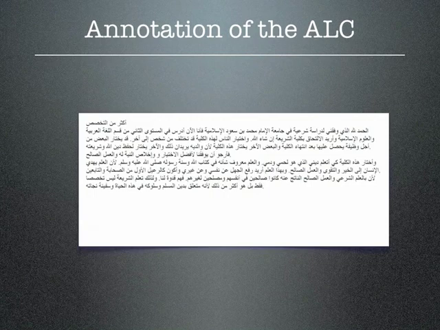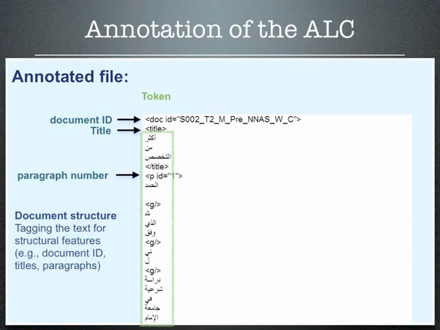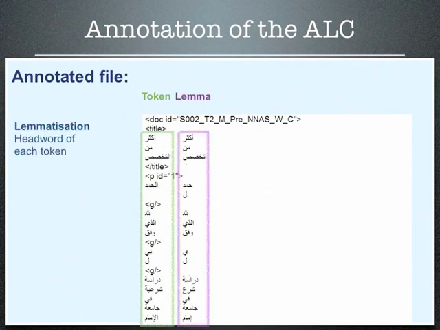This is an example of a text with no metadata, and in order to annotate such a raw text file, it's firstly segmented based on its morphological tokens. With the segmentation process, the text is tagged for structural features like document ID, title, paragraphs, numbers, etc. Then the text is lemmatized by adding the head word of each token.